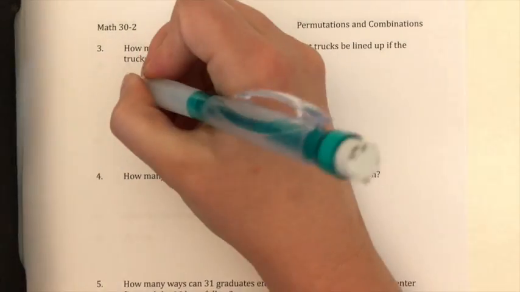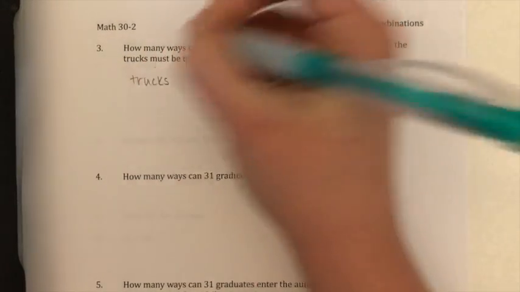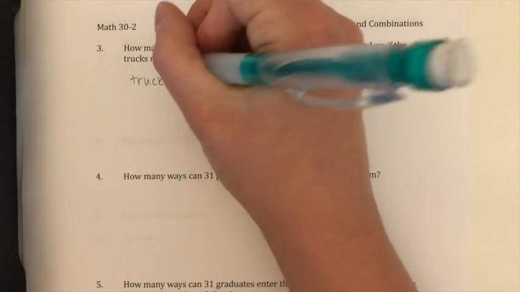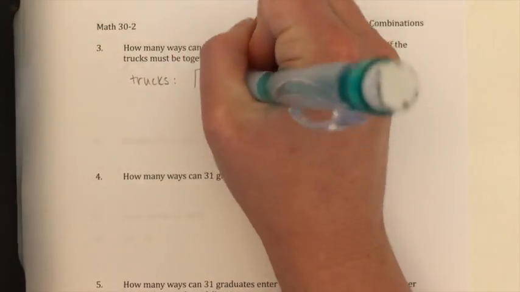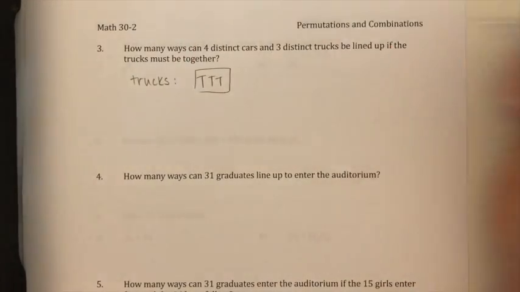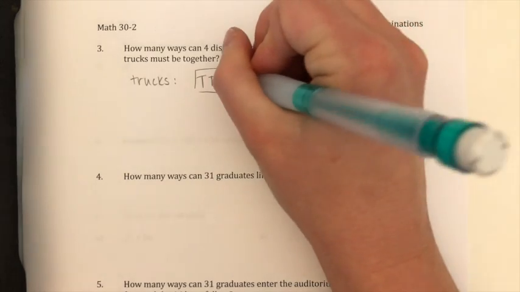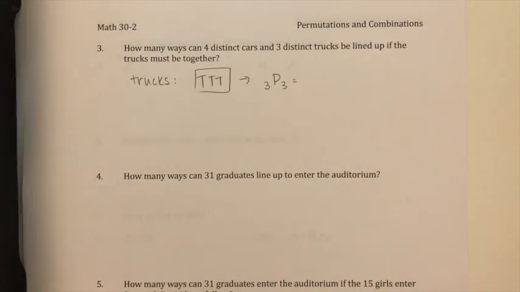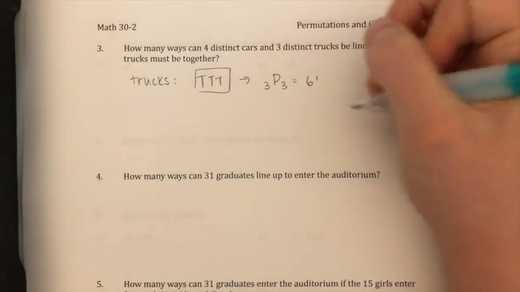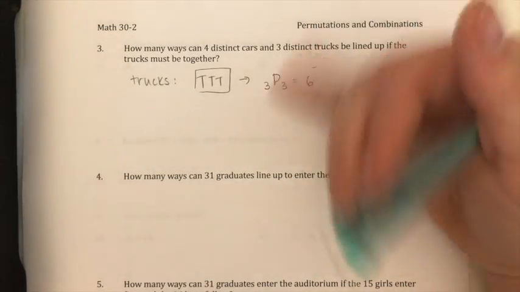So for the trucks, if the trucks must be together, this is one of those situations where we're going to group the trucks. The trucks are going to be truck, truck, truck all together, and they're going to move as a package deal. Because those 3 trucks are different, within those 3 trucks we have 3 to pick from. We have to pick all 3, and so this is equal to 6.